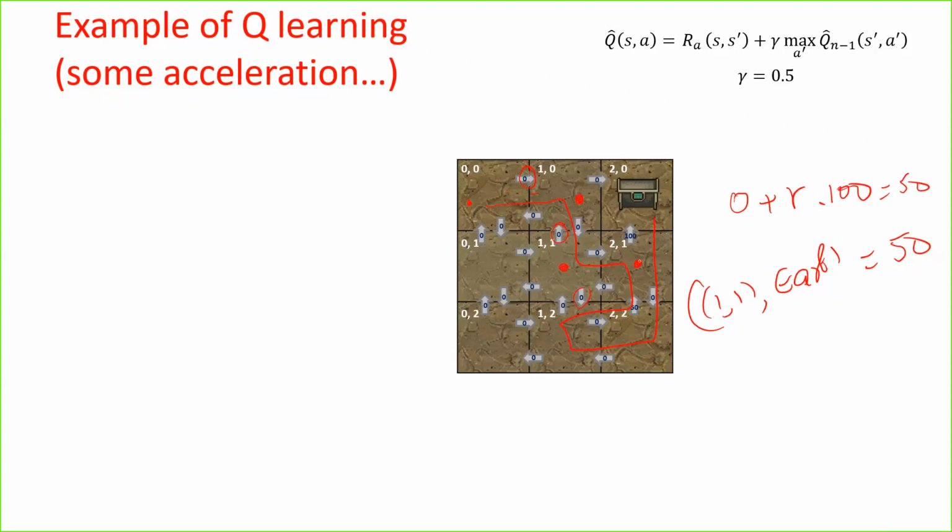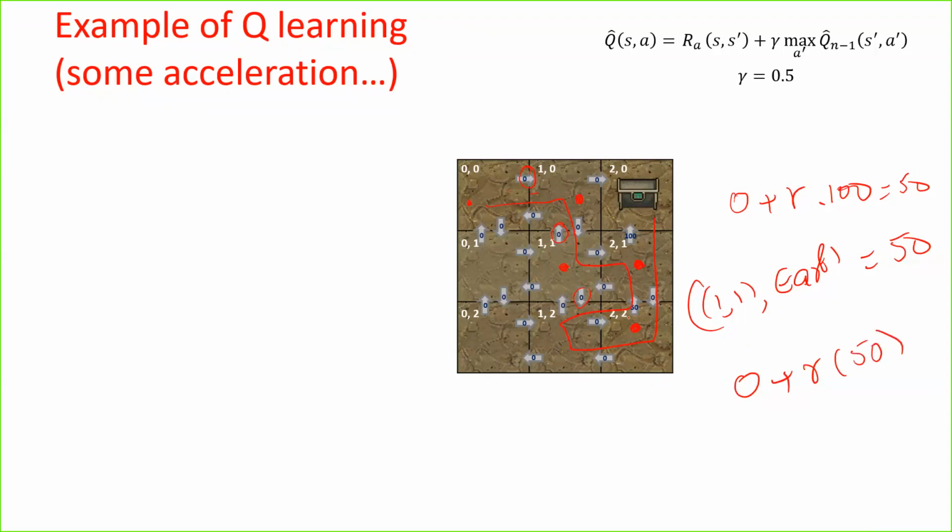So now he is at 2, 1, and he is taking an action of 2, 2, right? Because he's just exploring the space. He's not exploiting the knowledge, right? So now if he takes an action of this south, what is the immediate reward that he receives? 0. And being in this state, what is the maximum value?